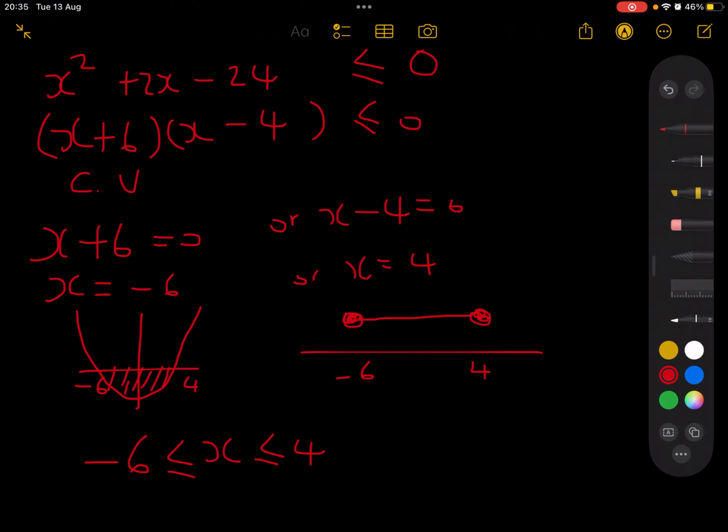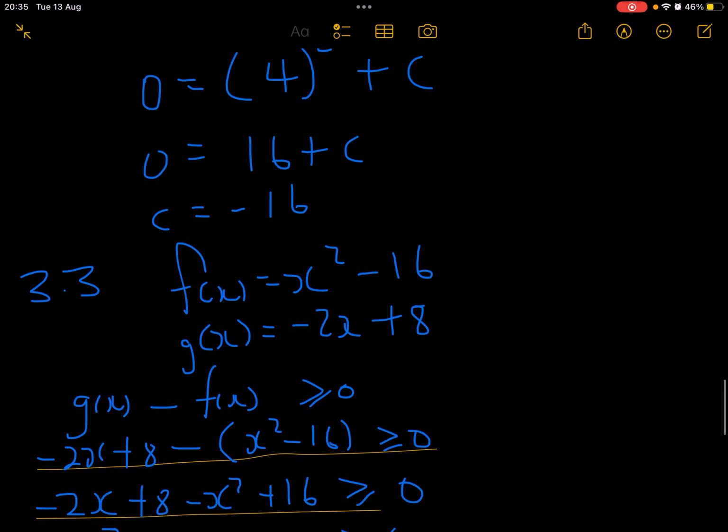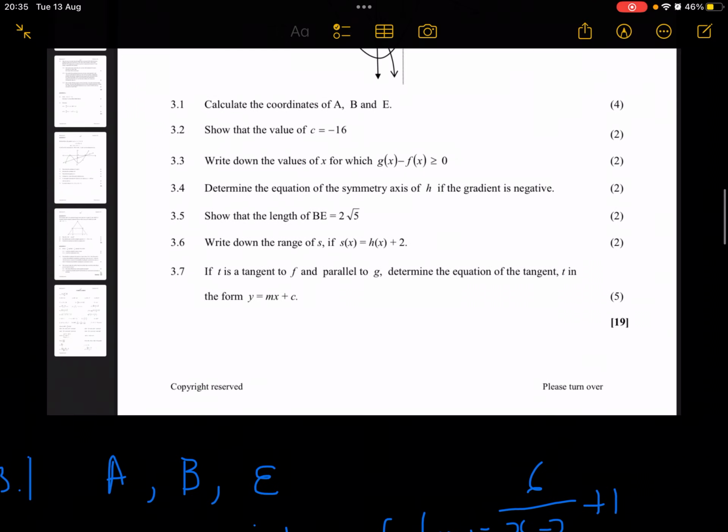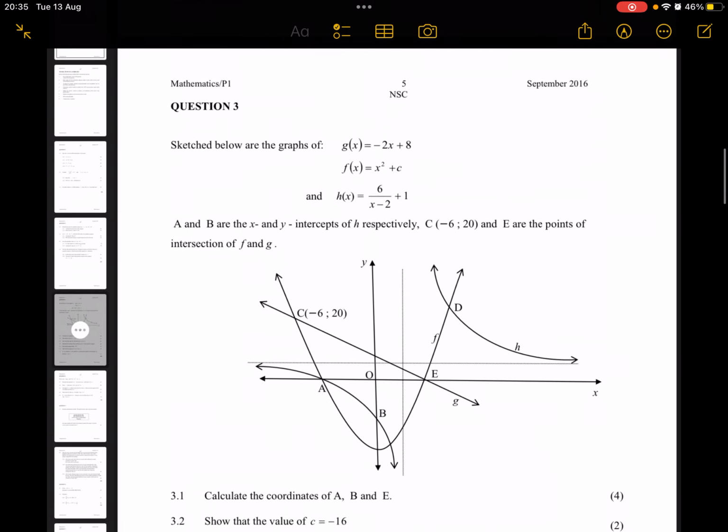And then for 3.4, determine the equation of the symmetry axis of h if the gradient is negative. Now, a hyperbola will have an axis of symmetry, as you can see here.